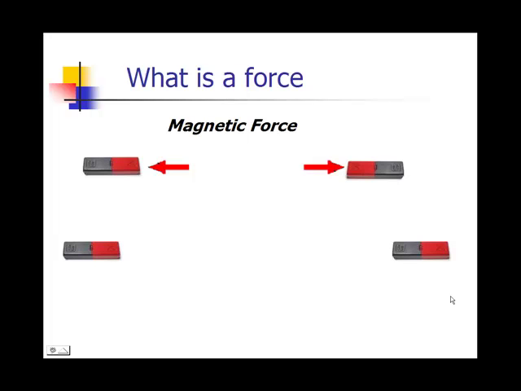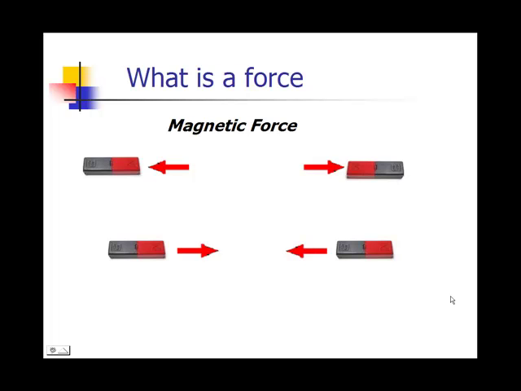Now what happens if you have two magnets of different poles and you bring them near each other? You would find that these two magnets attract each other and pull each other together. So the force on the top is actually a pushing force, while the force at the bottom can be described as a pulling force.